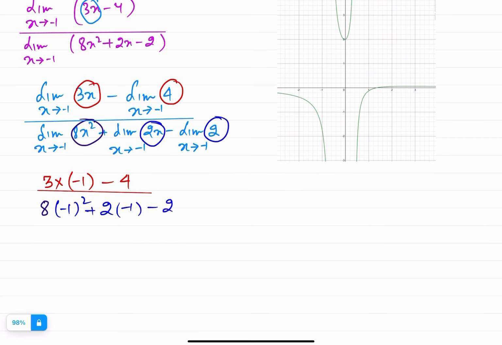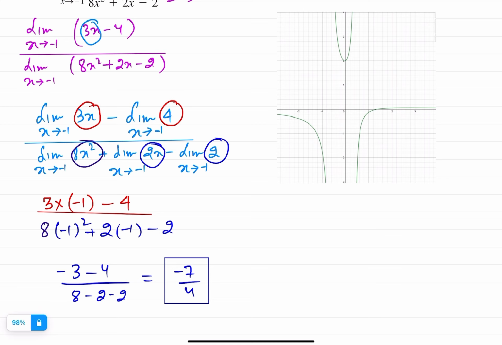If we solve it, it will be -3 minus 4 divided by 8 minus 2 minus 2. That is equal to -7 divided by 4. So the limit for this function is -7 divided by 4. If we estimate it, it's approximately -1.7.